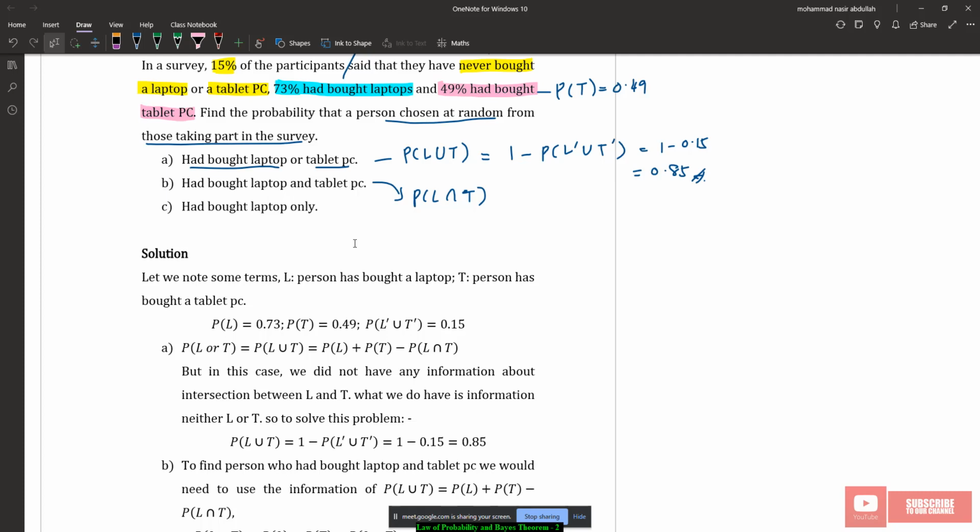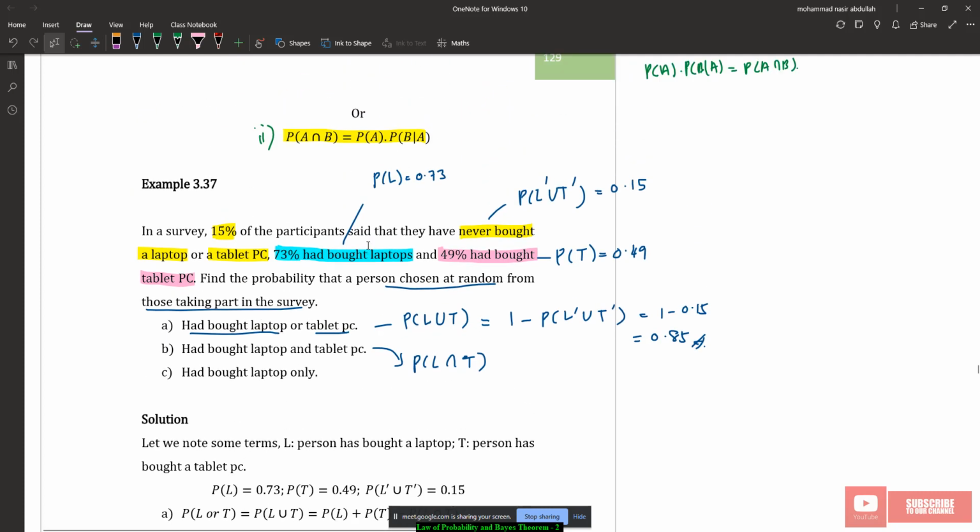Sometimes people buy a tablet because they already have a laptop. We cannot say. So we don't know. If we don't know, we need to use whatever information we have here. First is probability of L, probability of L complement T complement, probability of T, probability of L union T.